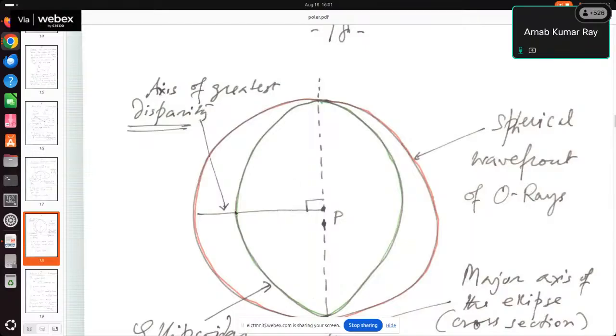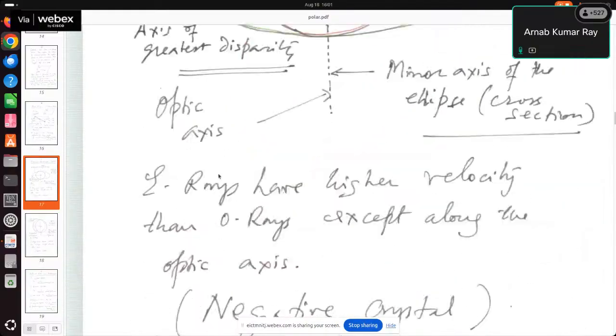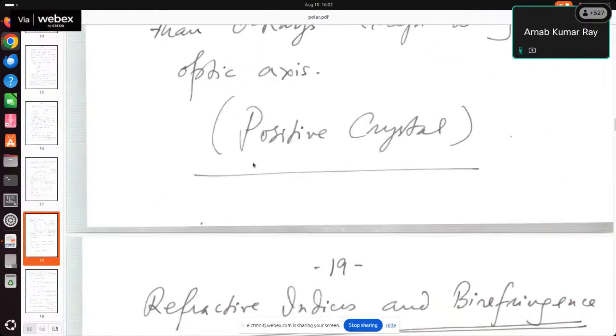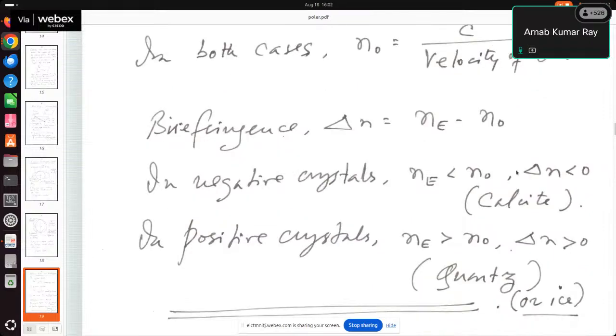So for negative crystals, it is this, for positive crystals, it is this velocity. So when you do that, negative crystals will give you the birefringence value to be negative: Ne minus No. Ne in a negative crystal will be less, because the speed of propagation in a negative crystal will be higher for E rays than for O rays.